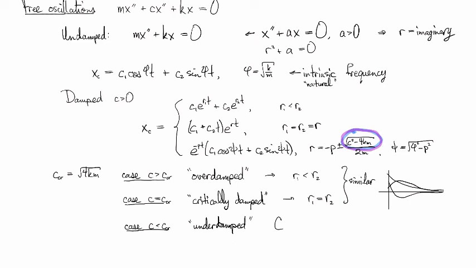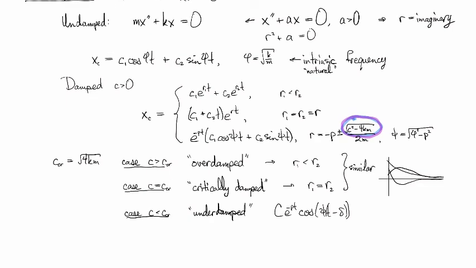We can rewrite this as c e to the minus pt cosine of phi t minus some lag delta.